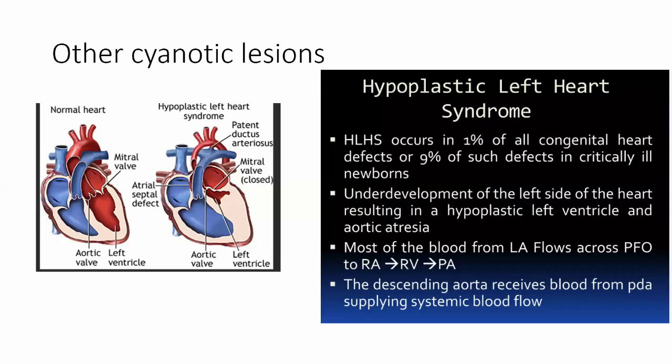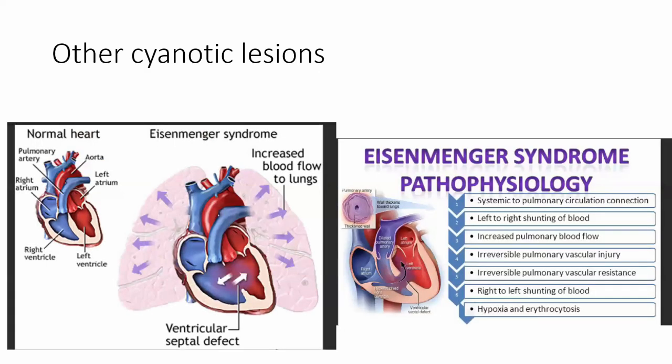And then the last lesion I want to talk about is Eisenmenger syndrome. So with this pathophysiology, there's usually a systemic to pulmonary circulation connection, so there's usually a left to right shunting of the blood. The increased pulmonary blood flow basically may cause some irreversible pulmonary vascular injury.